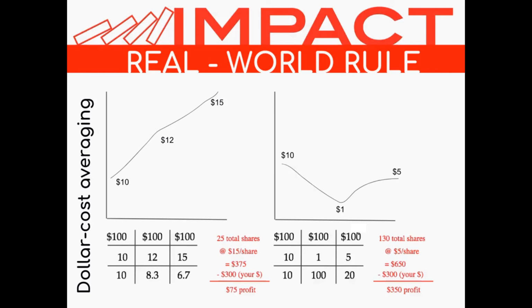Sometimes the shares are on sale. Sometimes they're priced high. And again, some months we're buying more shares and some months we're buying fewer. So that today is our real world rule of money.